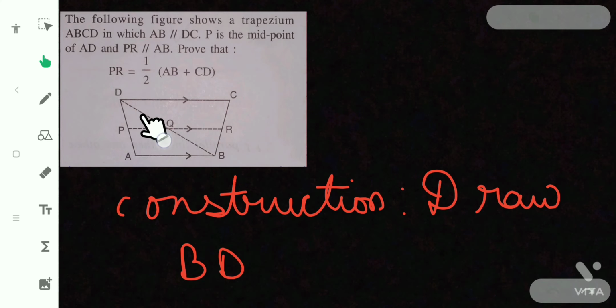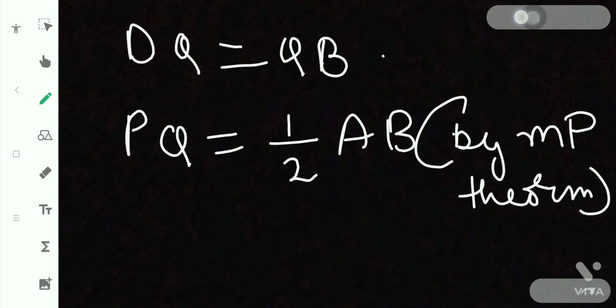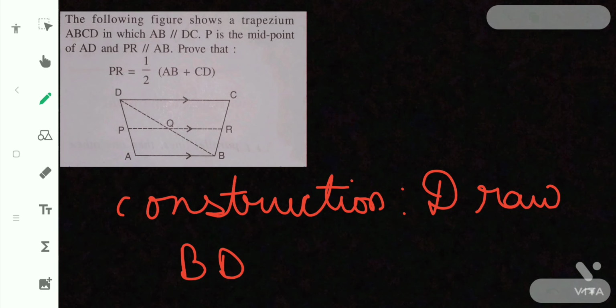As Q is midpoint of BD, now consider this triangle. In triangle BDC, we are having Q as the midpoint and this is a line parallel to DC.